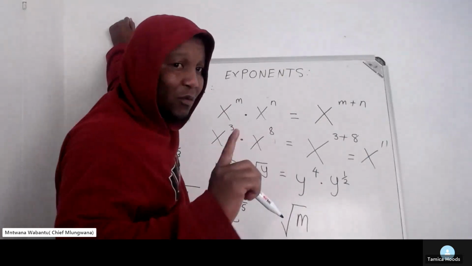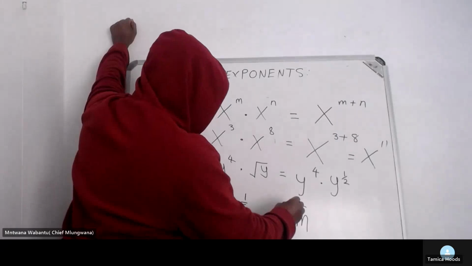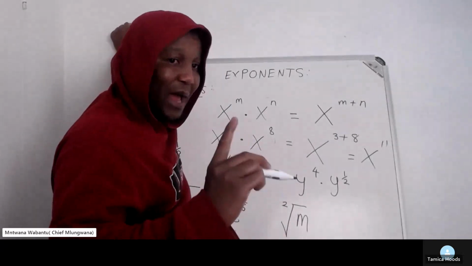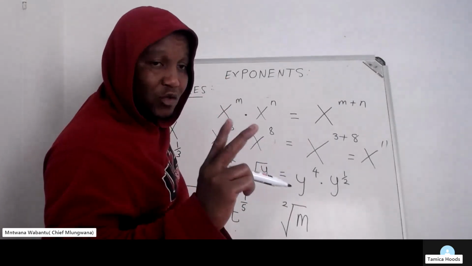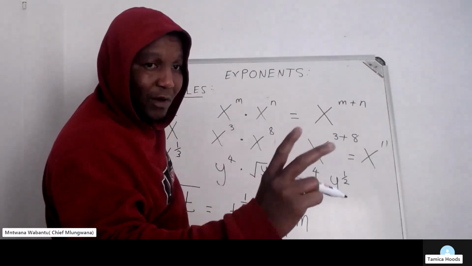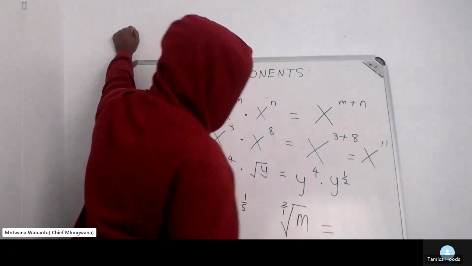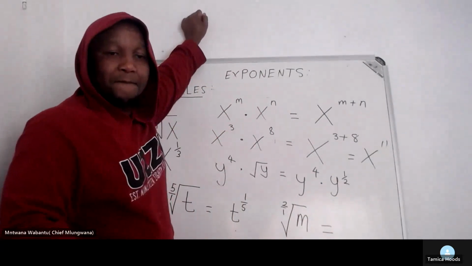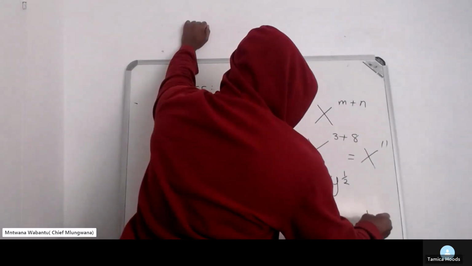Only when there's no number, you assume the number is 2. But I don't want to have only one number. My intention is to have two numbers so I can flip it. So 2 over 1. Tell me how it's going to become? m to the 1 over 2.